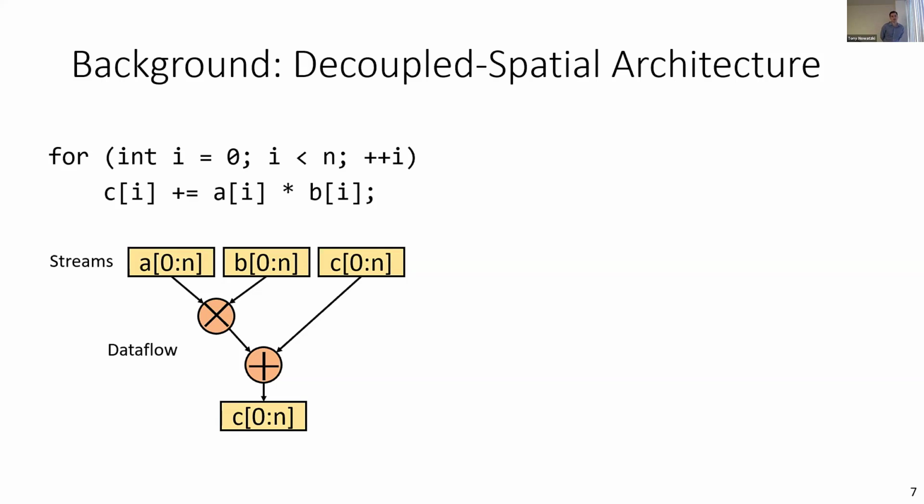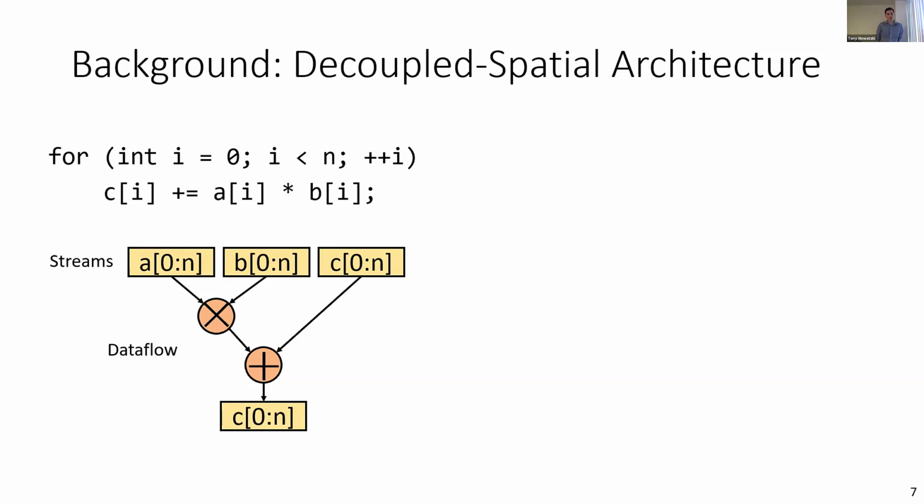And then those memory accesses will communicate with a data flow representation of the computation. So here, just a multiply and then add. Okay. And we're calling these memory patterns streams in the rest of the talk. And we'll refer to the compute part as the compute graph or the data flow graph.